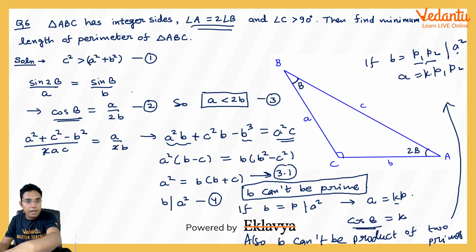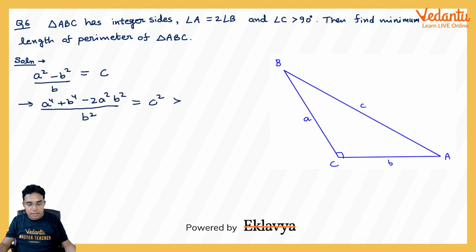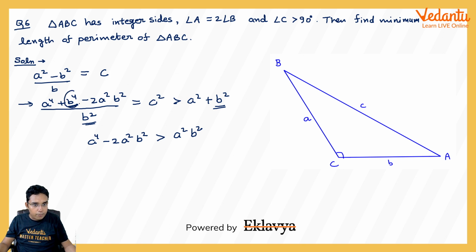But we wrote in the beginning that C square is greater than A square plus B square. So dear all, please see this B power 4 upon B square. This can be cancelled with B square here. So we will be left here with A power 4 minus 2 A square B square, and let me write this as greater than or equal to A square B square, because this B power 4 upon B square and this B square term will be cancelled.